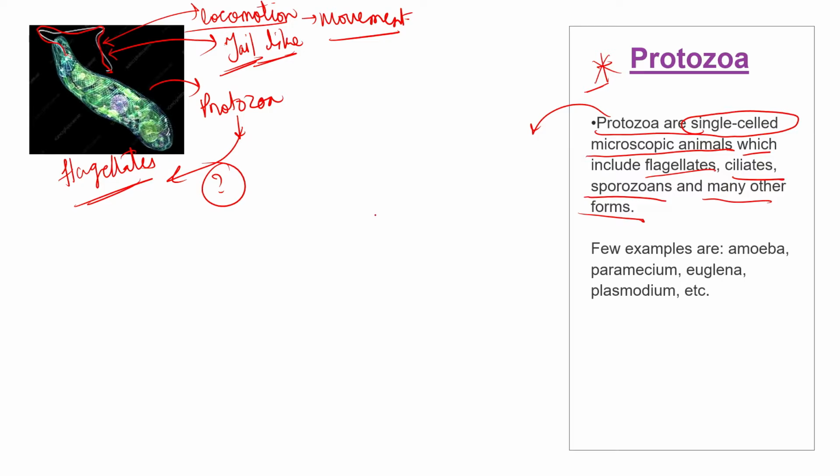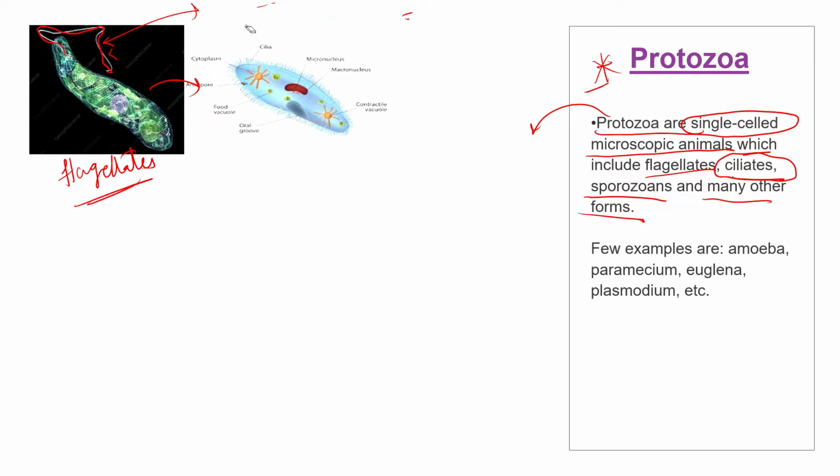Next, there are also a few examples of protozoa, but before looking into examples, let us look at how ciliates look. This is the structure. This is how ciliates look.